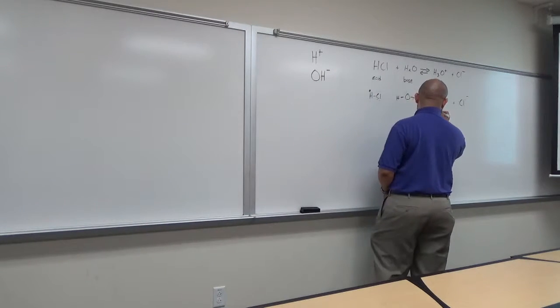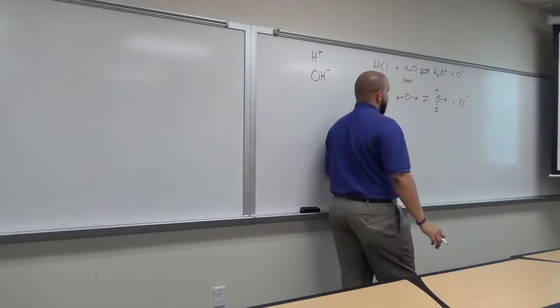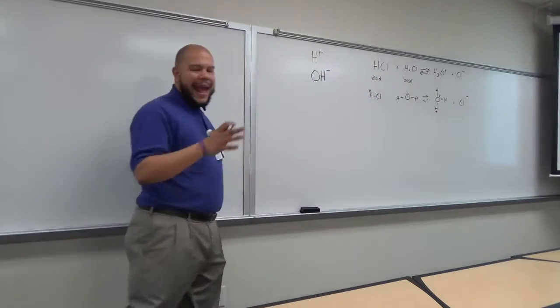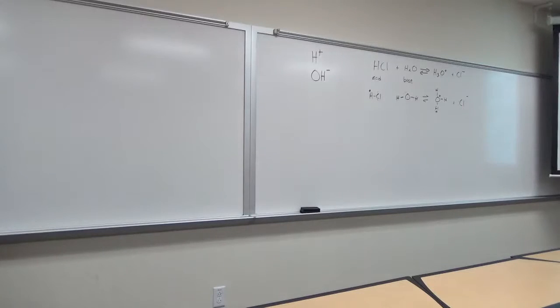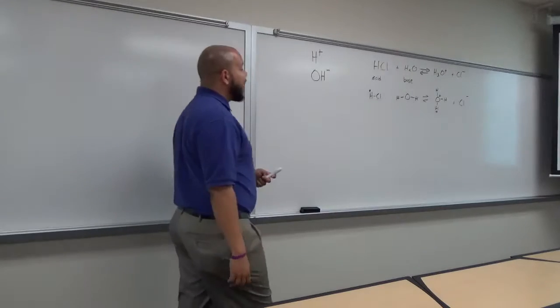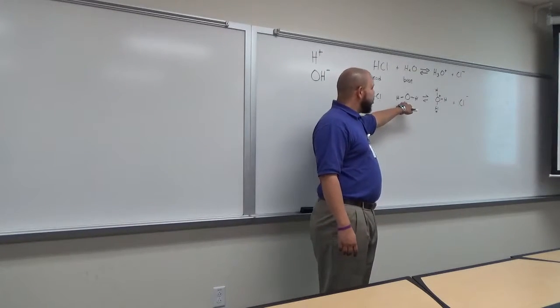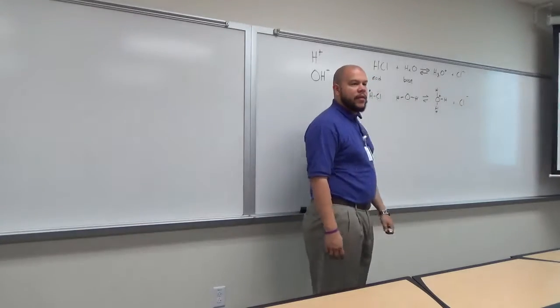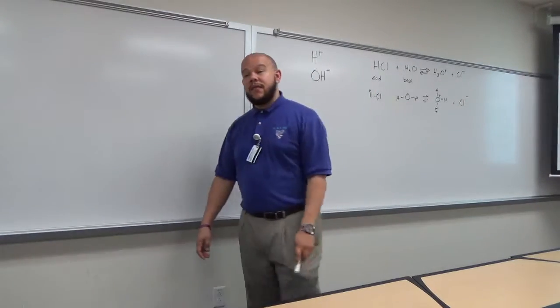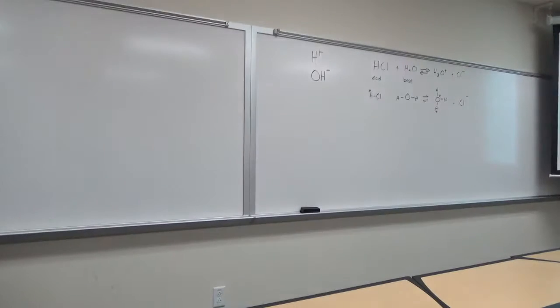This H is this H, and we have donated. So an acid is always going to donate a proton. Now, for that same reason, we can look at this exact same scenario and we can call water a base. And water is, in fact, a base in this scenario because it accepts that proton.